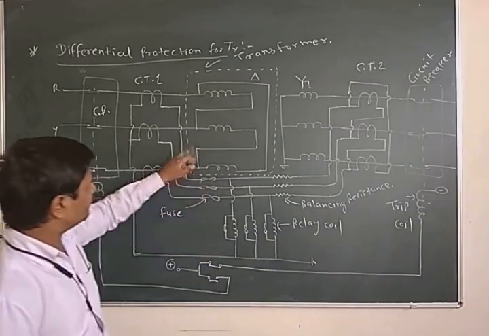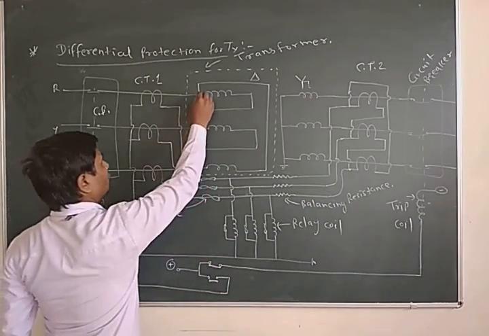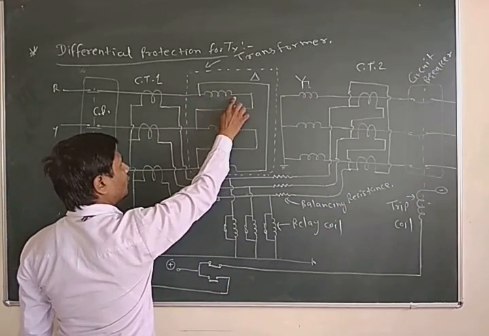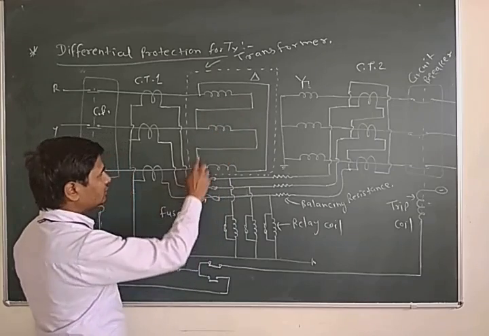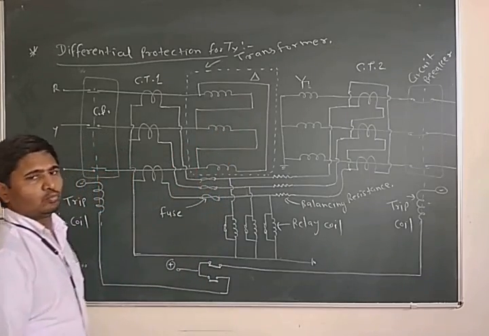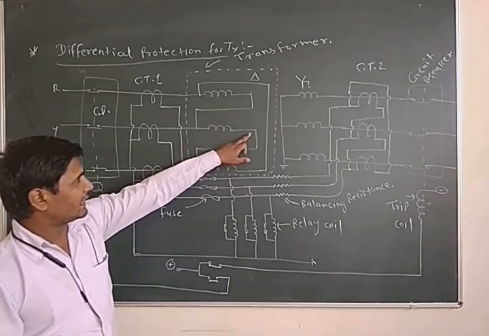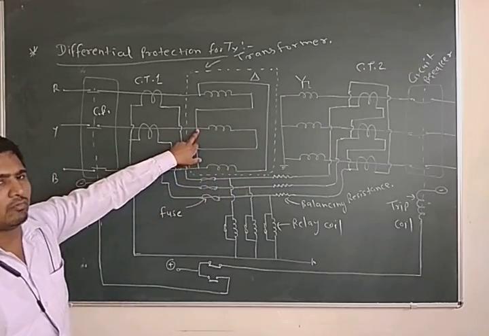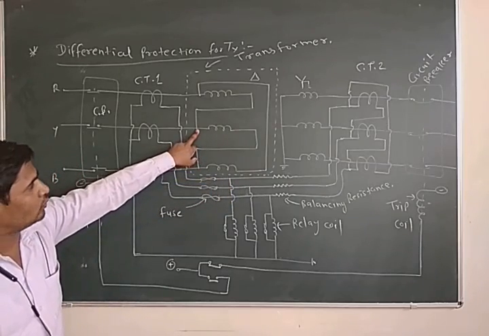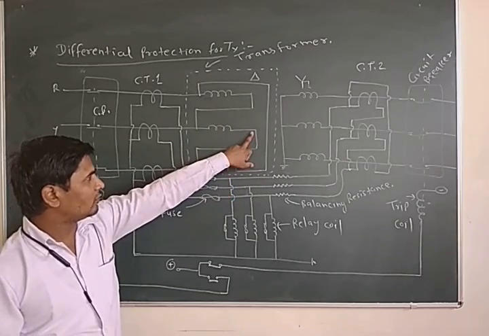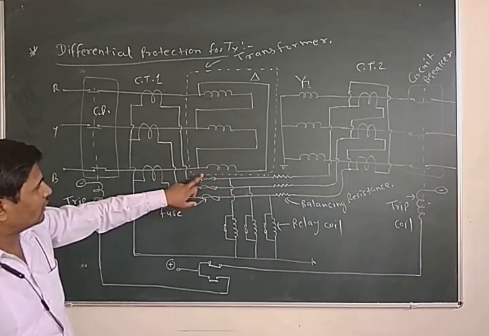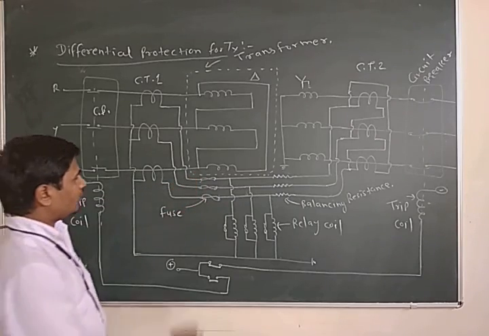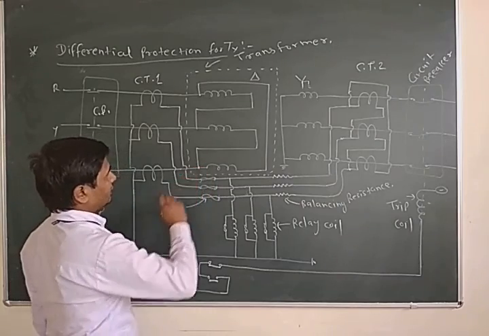In delta connection, we connect the first terminal of winding 1 to the second terminal of winding 2, or we can say the second terminal of winding 1 is connected to the first terminal of winding 2. Similarly, the second terminal of winding 2 is connected to the first terminal of winding 3. This type of connection is known as delta connection.